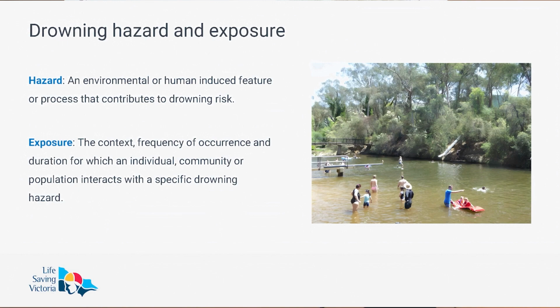So a hazard being whether it's environment driven or manufactured, and the exposure, so the frequency of things like major rainstorms, weather events, the saturation, so how much water is coming down a river when we're talking riverways, and just the diversity of what the occurrences can be.